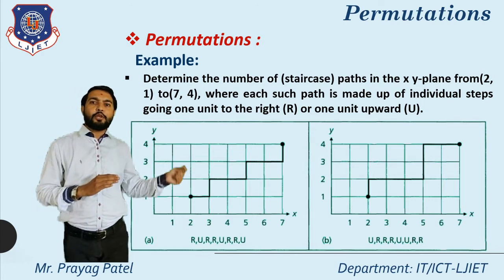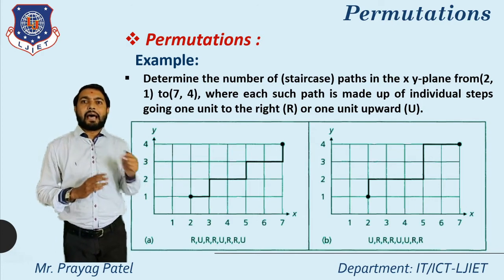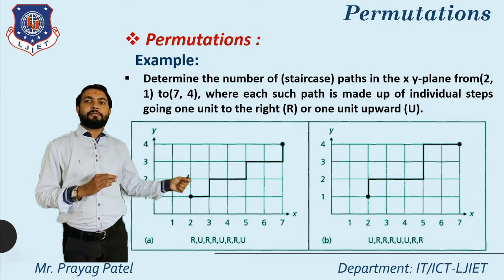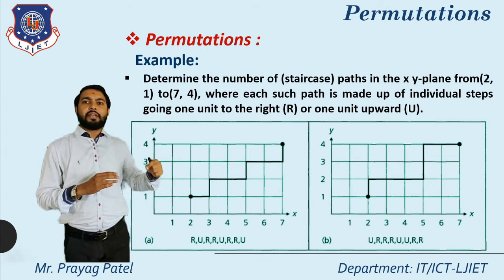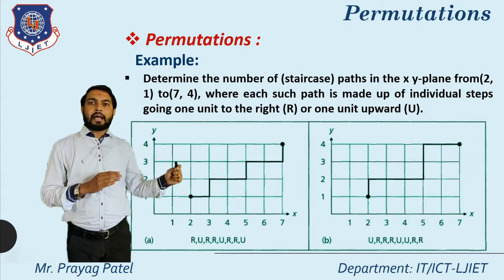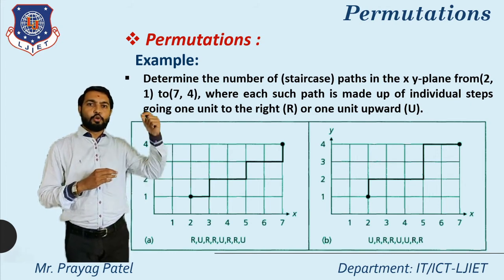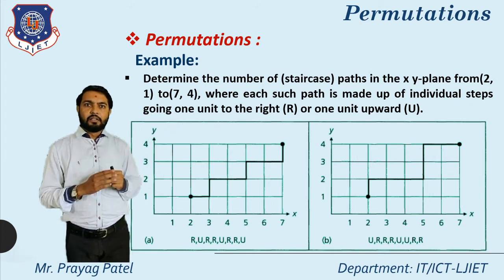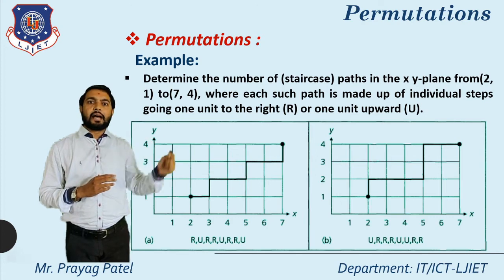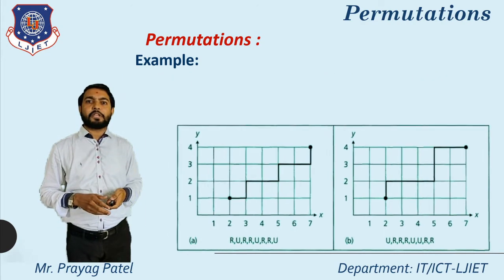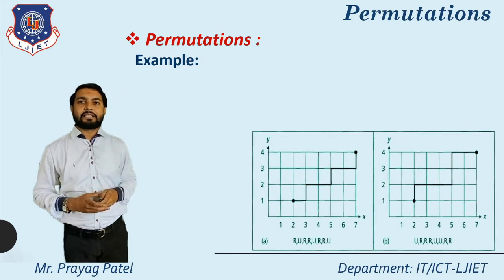Upward is represented by U, right is represented by R. See here, our arrangement in the first figure is first R, then U, then R, R, then U, then R, R, then U. In the second arrangement our sequence is first U, then R, R, R, then U, U, then R, R. So these are two different sequences. How many different sequences are possible for this example?